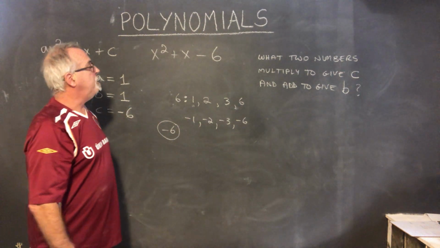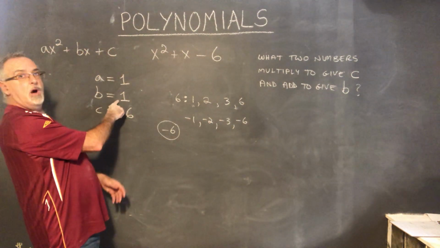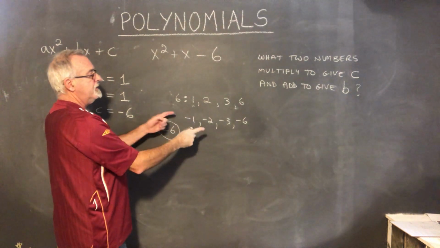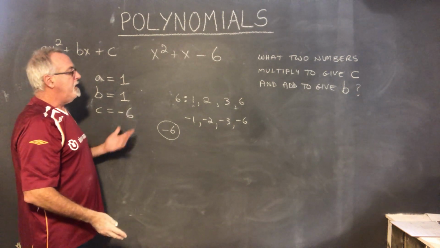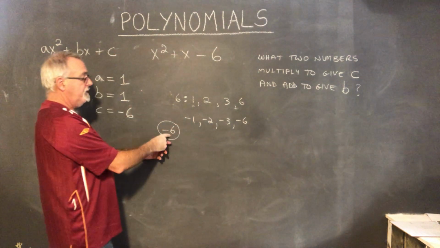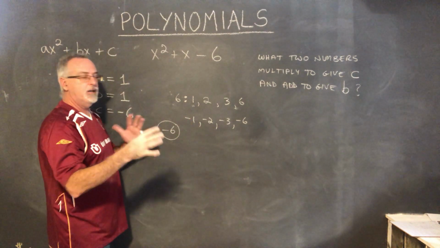So what two numbers multiply to give -6 and add to give 1? Okay, so -6, we could get -6 by multiplying 1 and -6, but they're not going to add to give 1. How about 2 and -3? 2 times -3 does give -6, but they don't add to give 1, they add to give -1. We're on to something now.